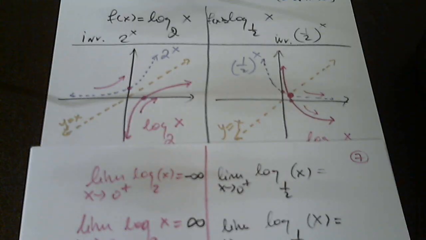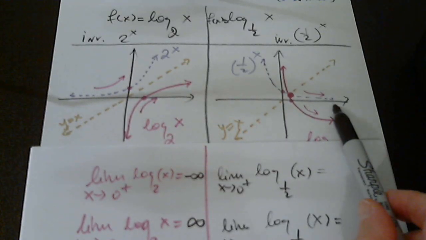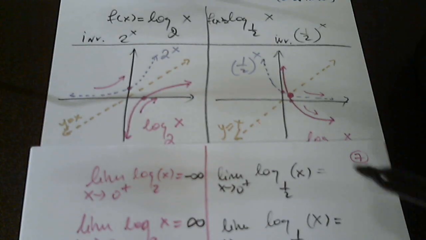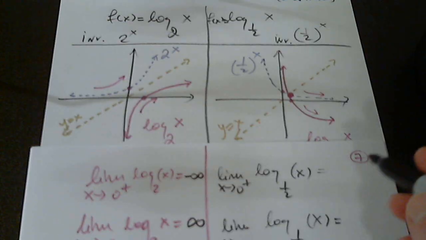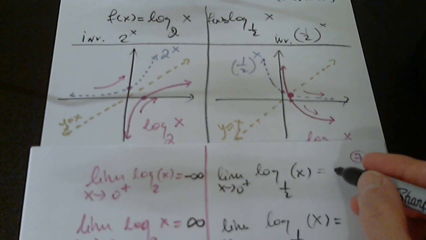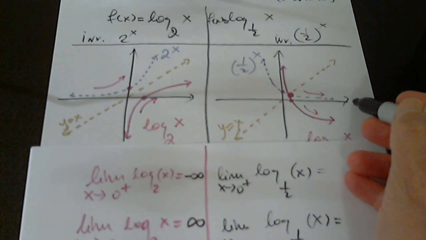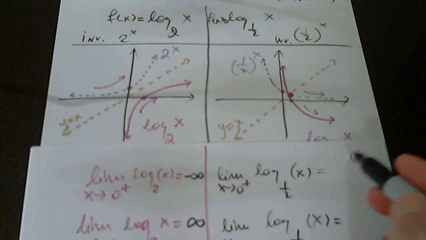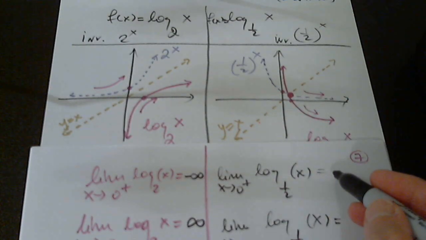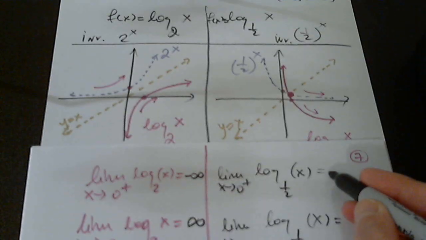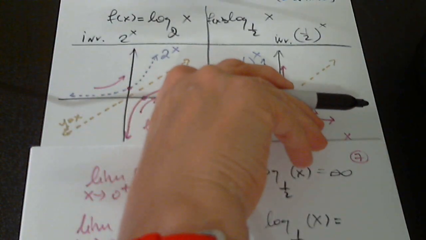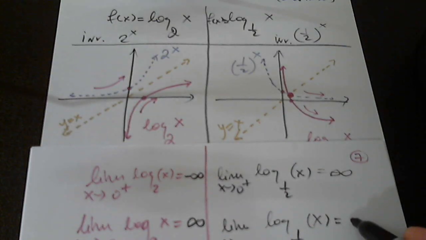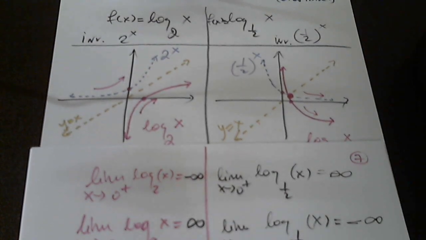On the other side, as x approaches 0 from the right, function values go to infinity. Very good. As x approaches infinity, function values go to negative infinity. Very good. Perfect. Thank you so much.